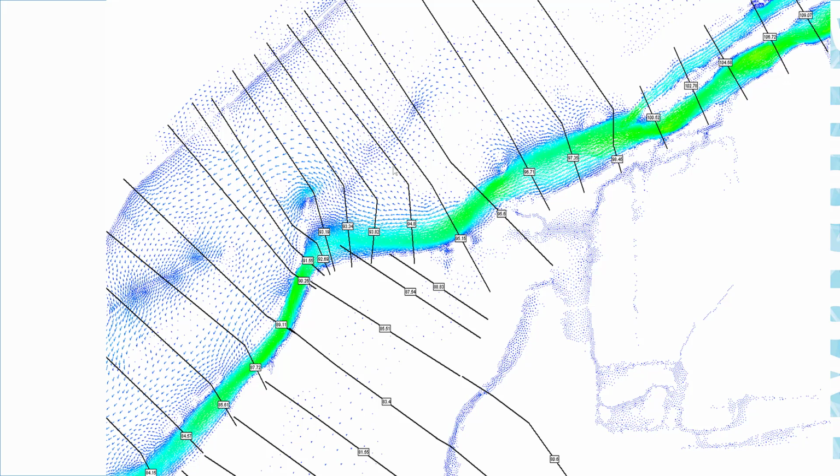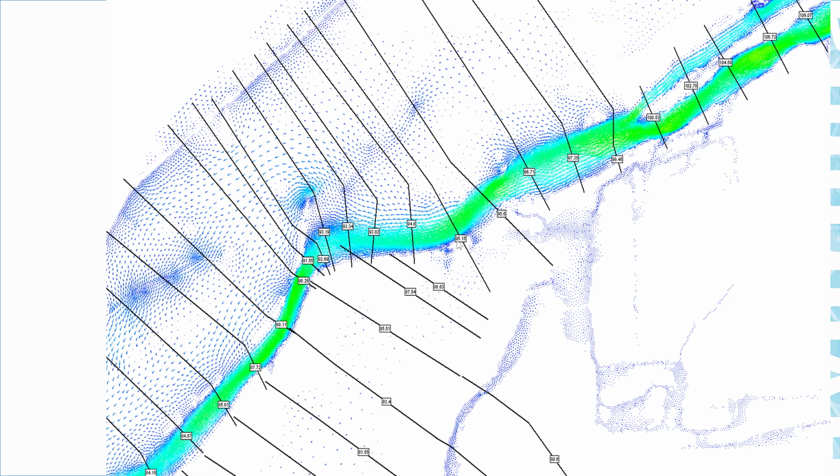So it's completely violating the assumption of a perpendicular cross section in the 1D approach. Of course, the model will give you some results, but the results may be completely unrealistic because of the violation of the assumptions.